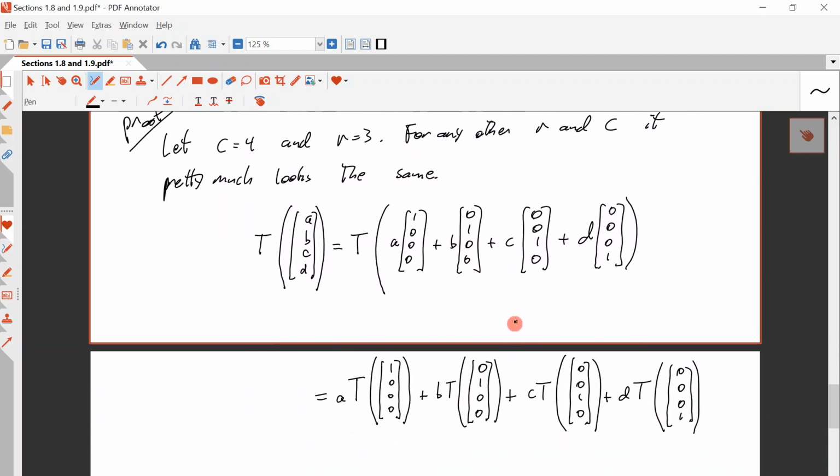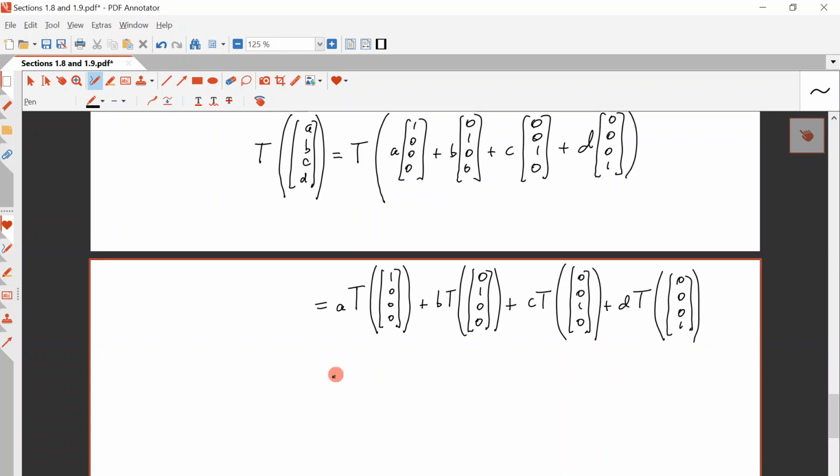All right. Okay, this is equal to, well, what is this? I mean, we don't know what it is, but let's just say it's a vector in R3. So we'll just call it a11, a21, a31. It's just some vector in R3. And then T of 0, 1, 0, 0 is also some vector in R3.